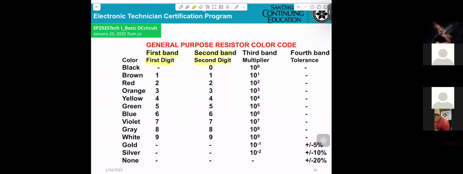That means if you say red, you get 2 and 2. Okay. And multiplier, third band. That means you multiply whatever value by that number. 10 power of 0 equals 1. 10 power of 1 equals 10. 10 power of 2 equals 100 and so on.